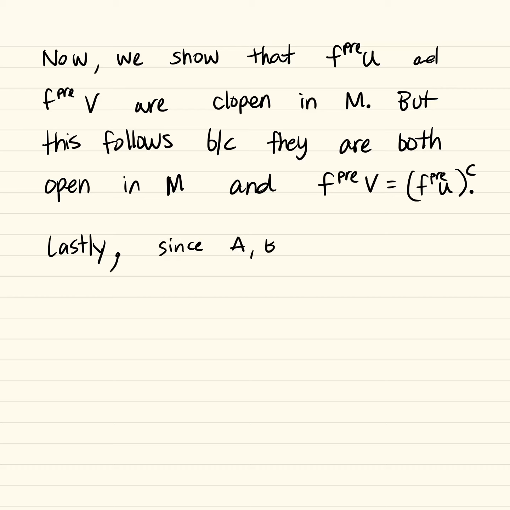Since A and B are proper subsets of F of M, there exists say P in A, and there exists Q in B, right?